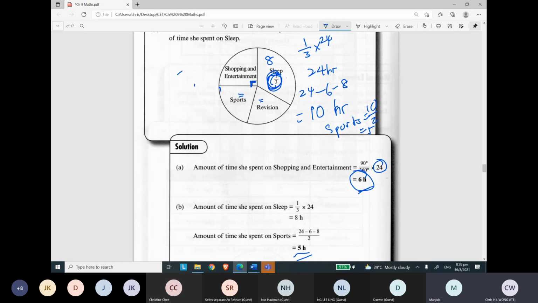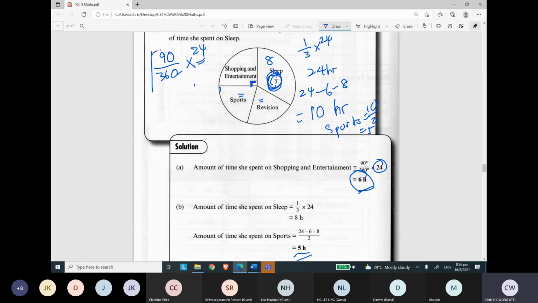So if I ask you how many hours is this, you will take 90 divided by the total. The total is 360, right? Divide by 360, isn't it? But if I want to convert into hours, I need to times 24. Why 24?